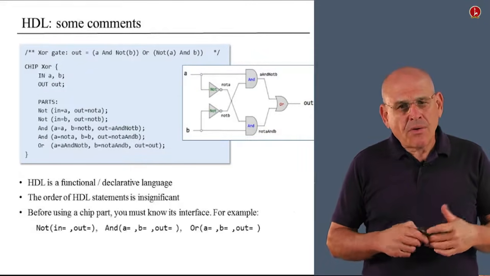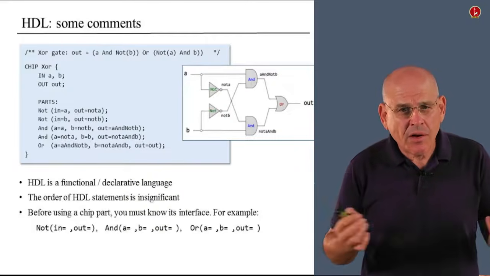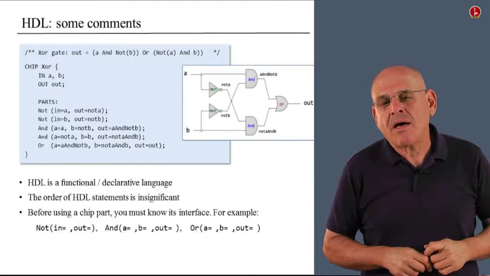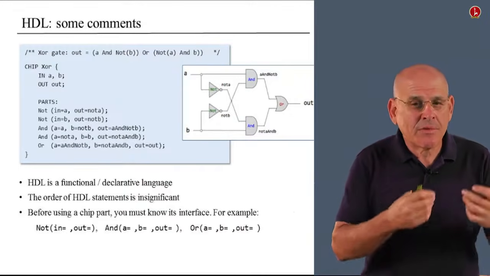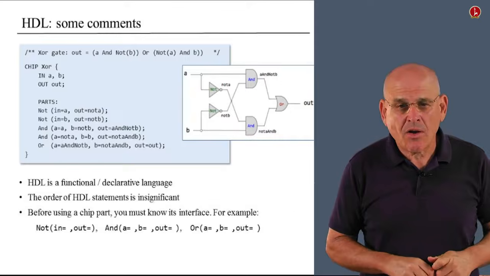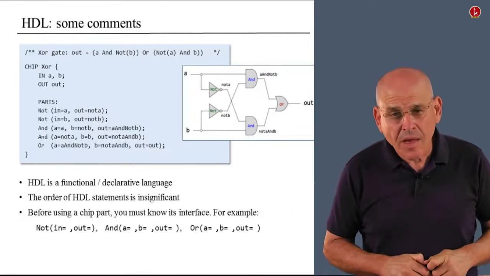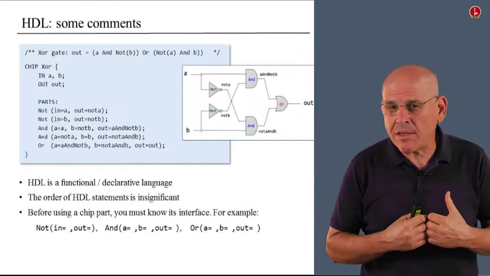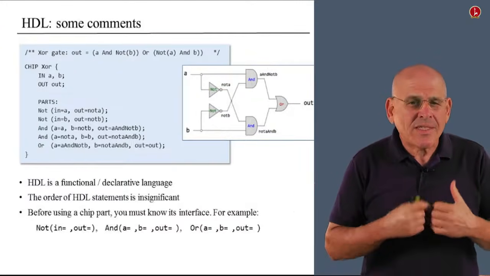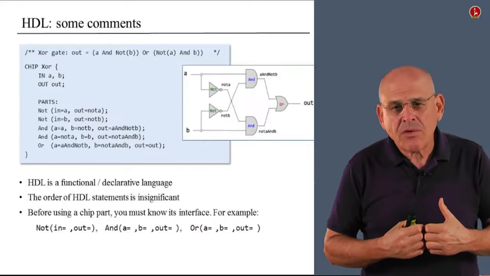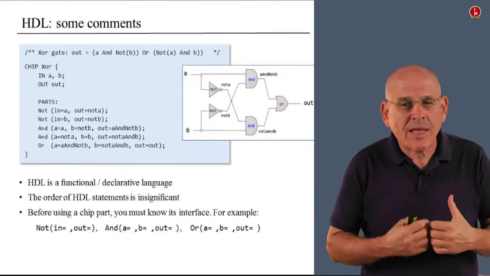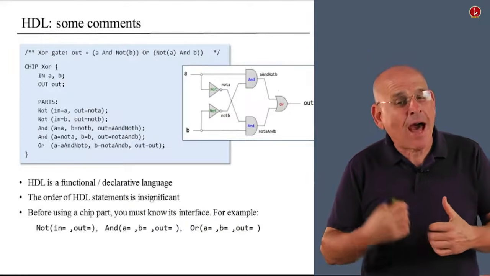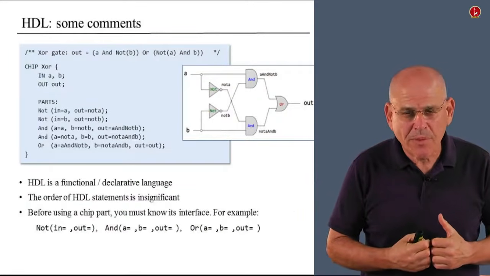Also, note that each time we use an off-the-shelf gate, we commit ourselves to using the gate interface, that is, the names of the inputs and outputs that come along with the gate documentation. Now, in the hack computer that we're going to build in this course, we decided as a matter of convention to almost always use the letters A and B for a two-input chip and out for a single output chip.